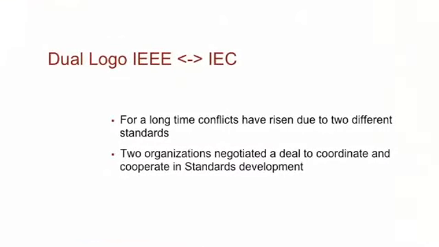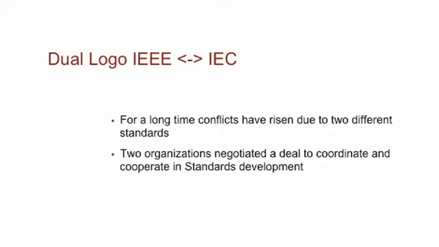And finally, dual logo, and I mentioned this a little bit to one of you gentlemen before I started. IEEE and IEC, some few years ago, finally sat down together and said, guys, why are we doing this to each other? Could you at least harmonize? Maybe it's not going to be identical, but could we at least get close or get some agreement so we don't have to reinvent the wheel every time? Basically, it's a redundancy, it's a parallel path.